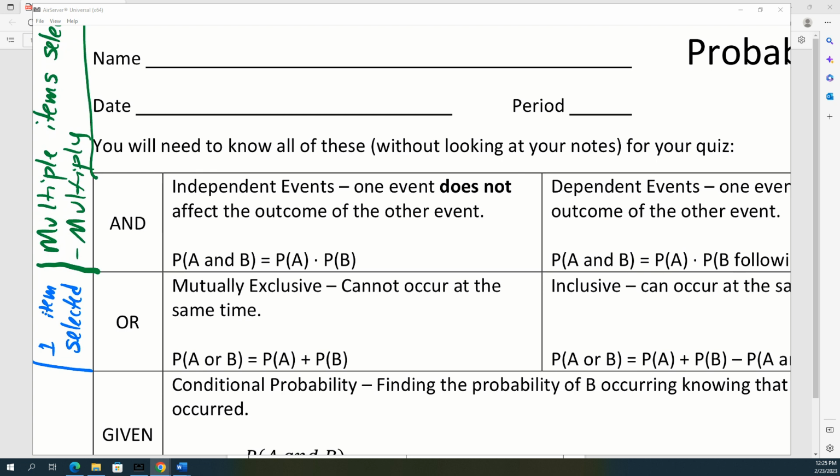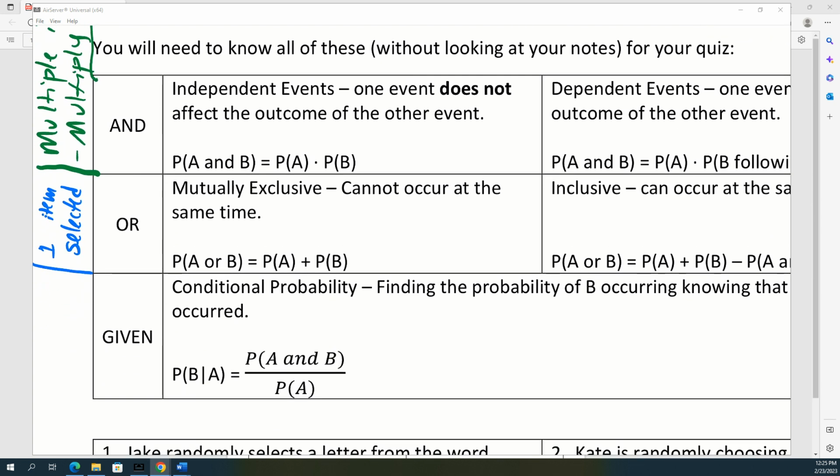And then conditional probability is the last thing that we learned. On conditional probability, one item is selected, but it's under a certain condition where you already know that this is the case. So this is another situation where one item is selected. We didn't use this exact formula.